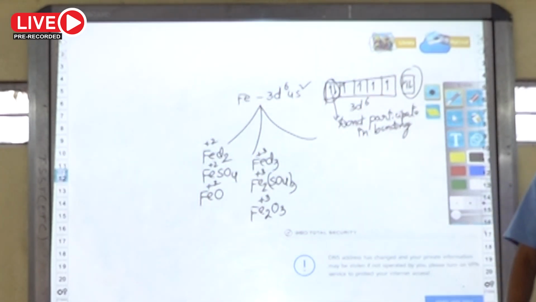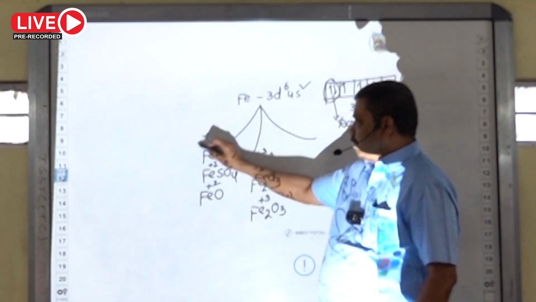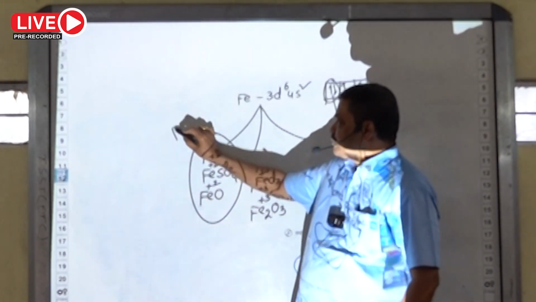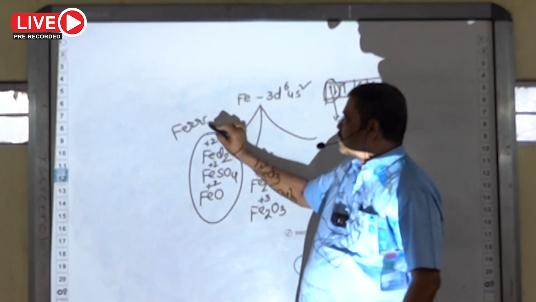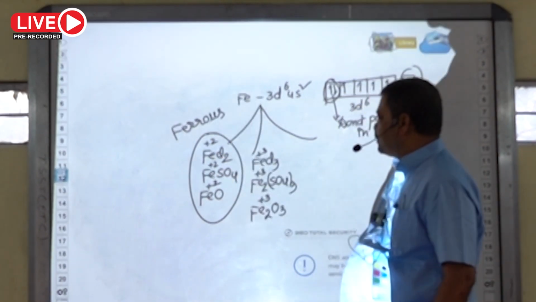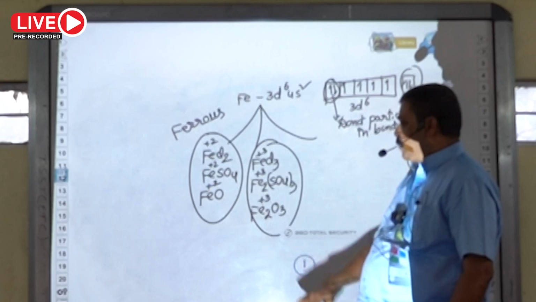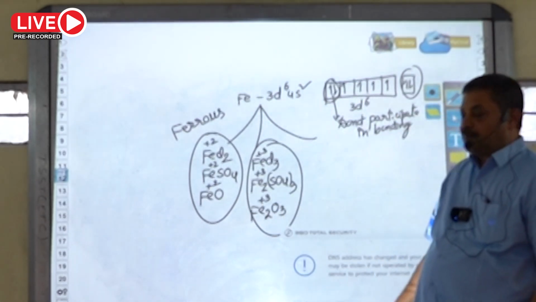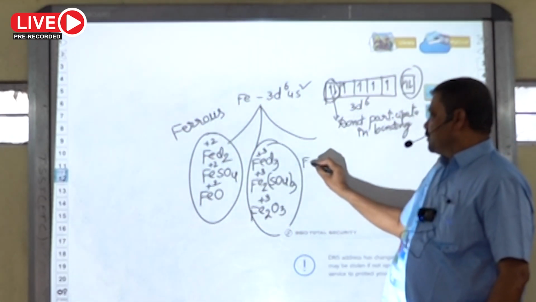So predominantly iron shows two oxidation states. These are all ferrous compounds. It predominantly shows +3 in ferric compounds.